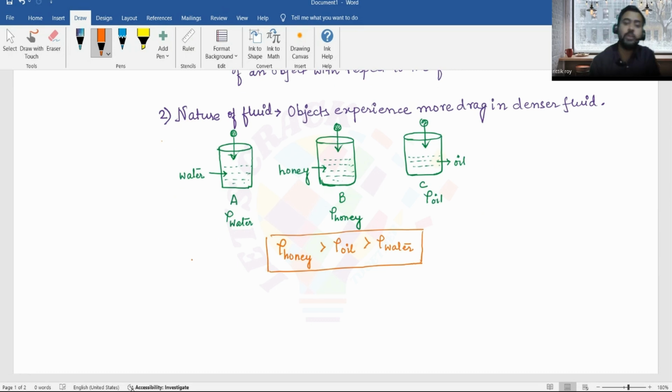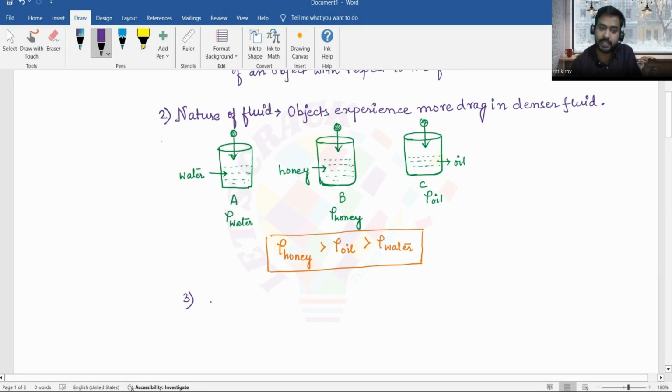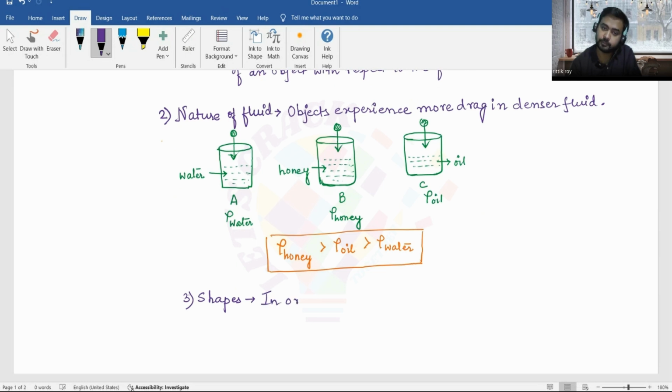Okay. Now the third thing that comes is shapes. We can increase friction also, we can decrease friction also, that I will be discussing just after this.